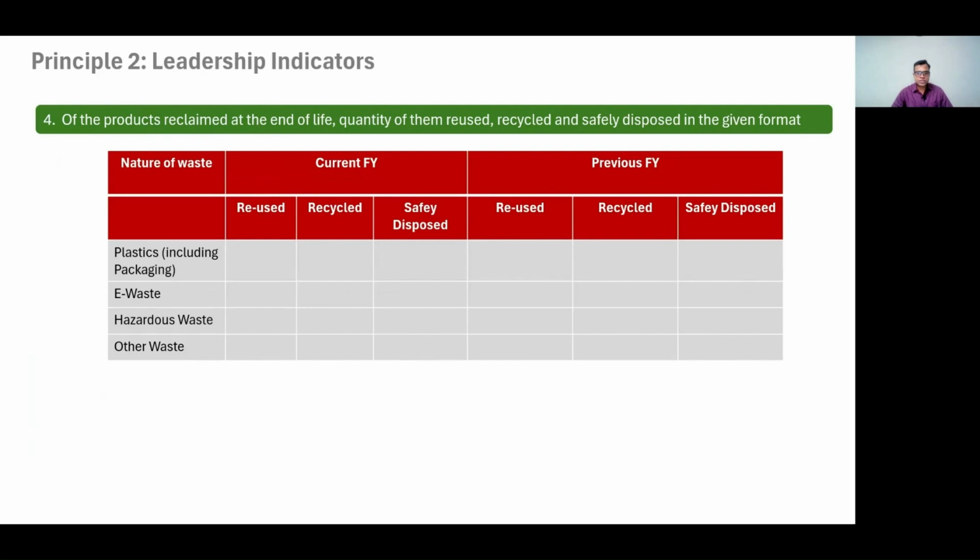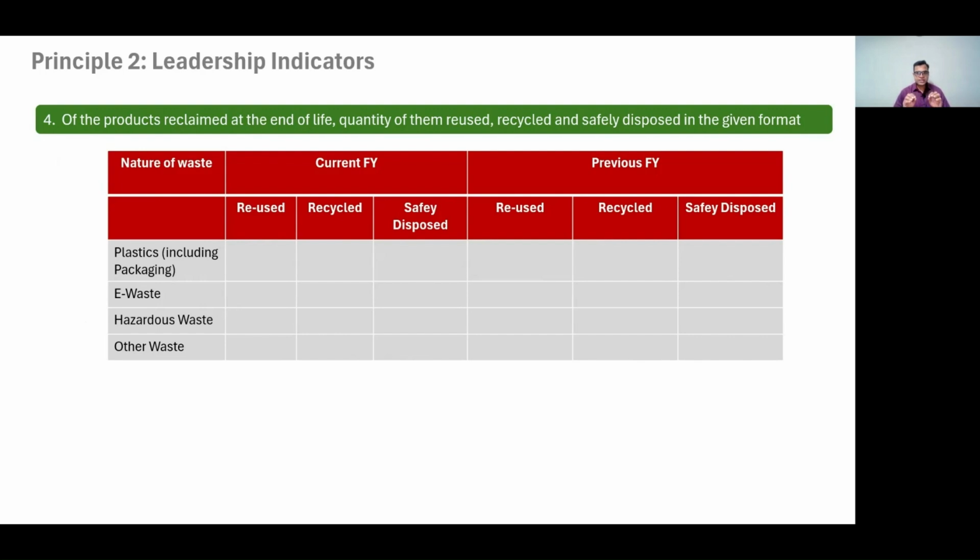Coming to disclosure number 4 or indicator number 4, which is of the products reclaimed at the end of life, the quantity of them reused, recycled, and safely disposed in the given format. Again, this relates to the same work of the extended producer's responsibility.